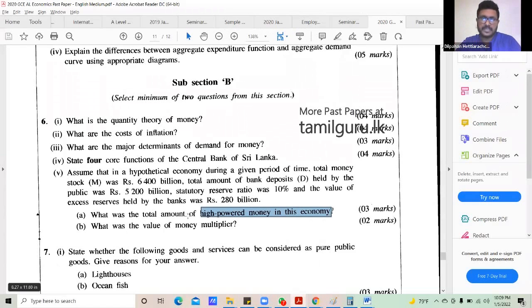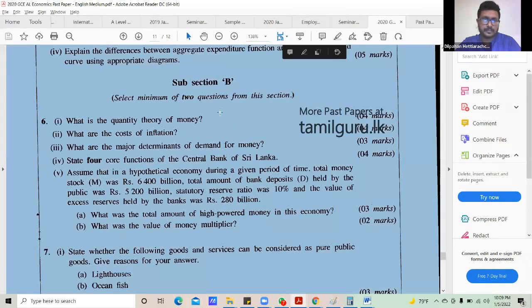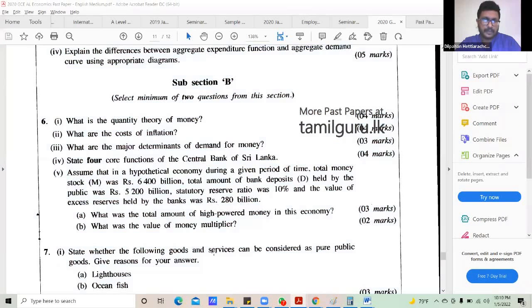Then section B, what was the value of the money multiplier? How can we do that? Then you have to remember the money multiplier equation. What's the money multiplier equation?